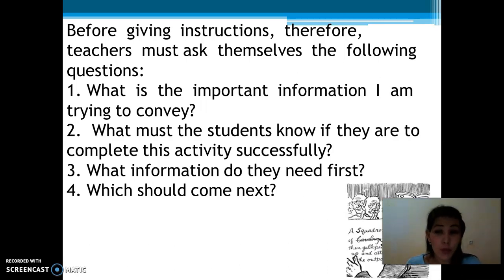The third one, what information do they first need? When you design this activity, when you design one task, you should give the information about this, and consequently you should provide your instruction, which should come next.